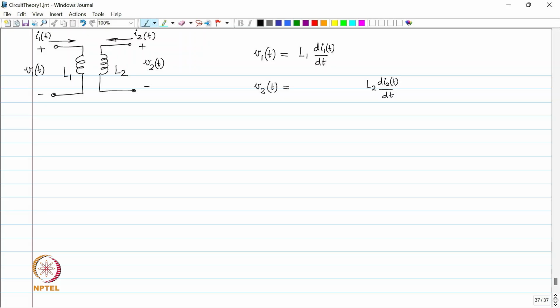Now, we put these two dots and we incorporate a mutual inductance. What does this mean?